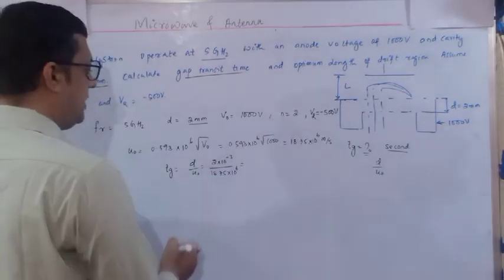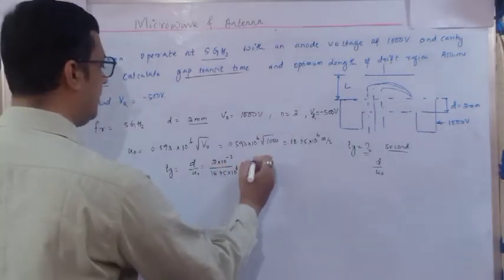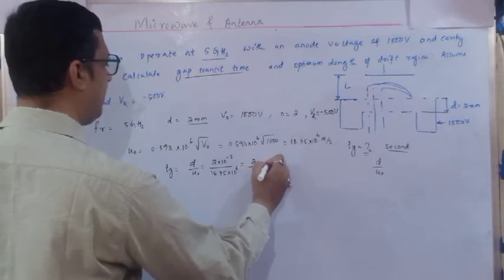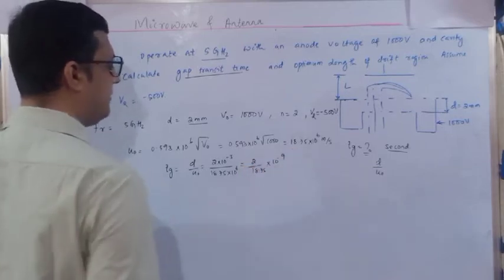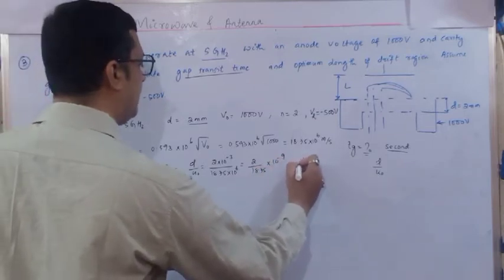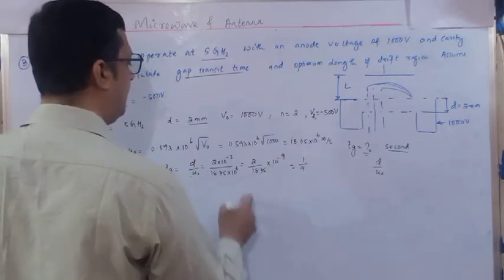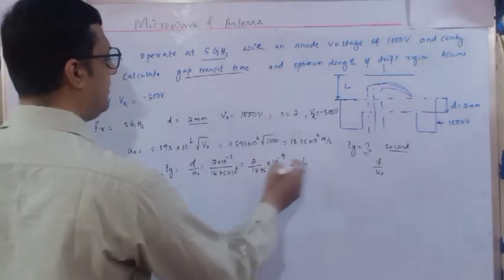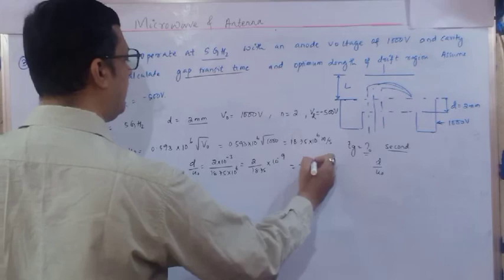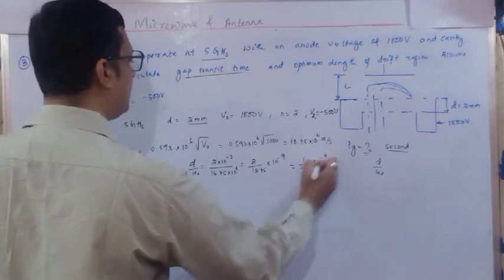If you solve this, you will get 2 divided by 18.75 into 10 to the power 9. Okay. So here 1 divided by 9.37 into 10 to the power minus 6.